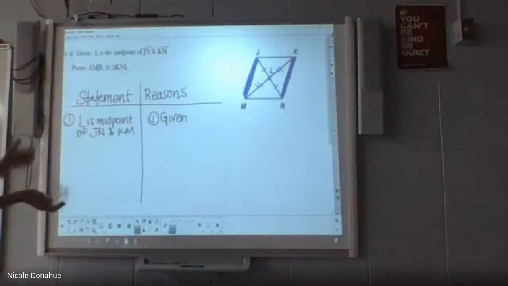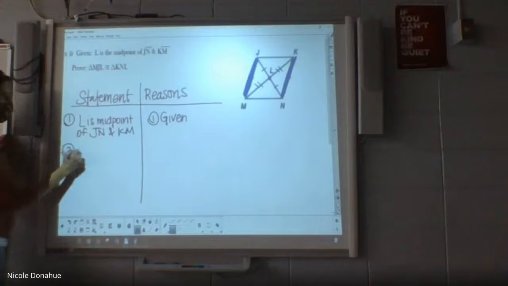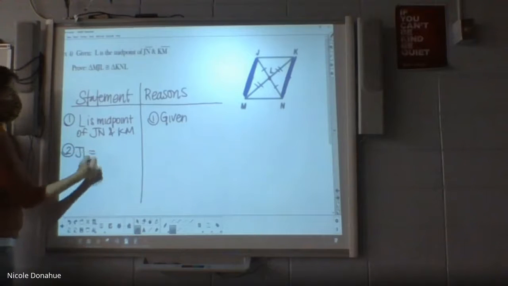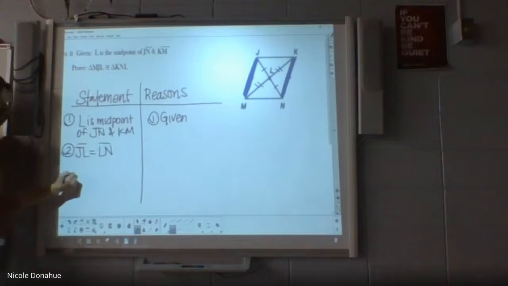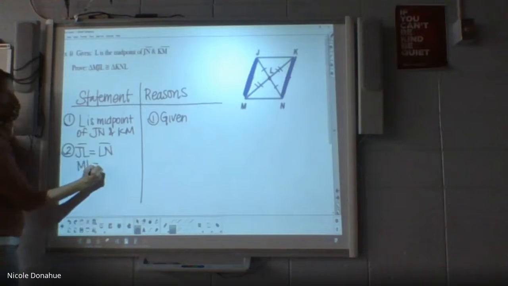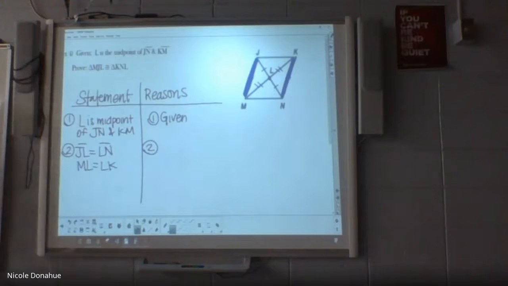So now again, we can't just mark it on the drawing, we have to say it. So I have to say that JL equals LN, and also ML equals LK. So those two pieces equal each other. It's really important to write that out.